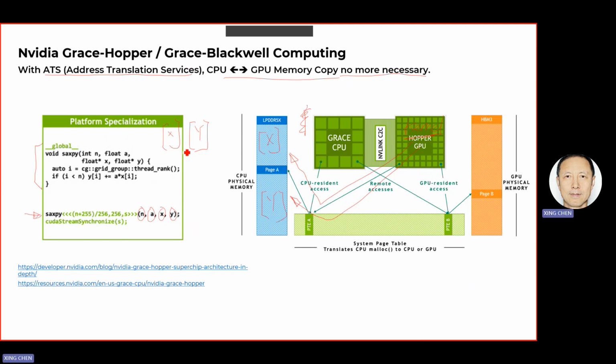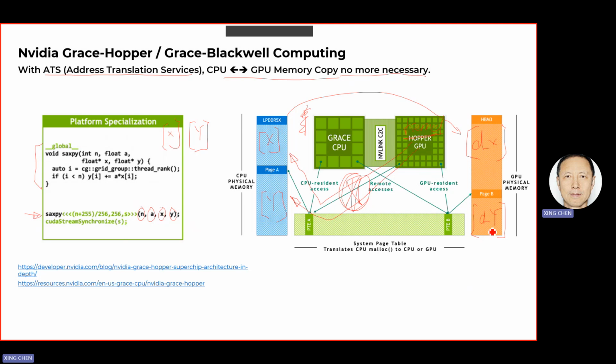The fact is that this x and y are located in the host memory. If the kernel cannot access this memory, the programmer's responsibility is to copy x to the GPU. It's called d_x. It has to copy y to the GPU. It's called d_y, it's y on device.